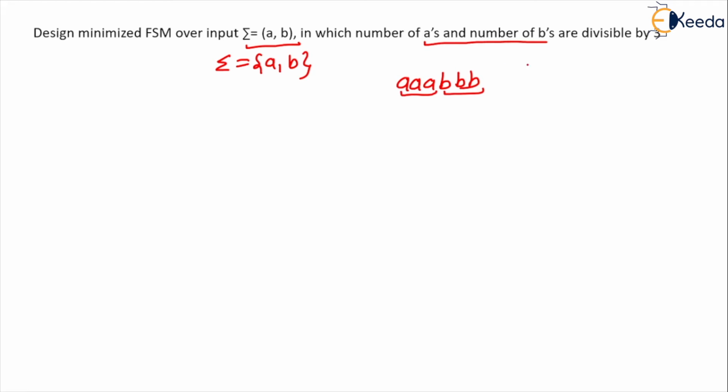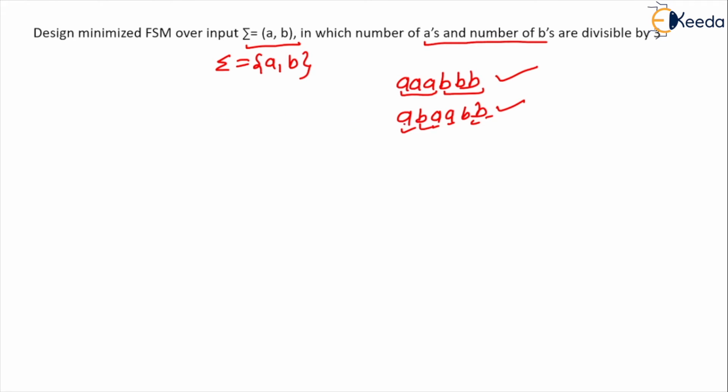That is a multiple of 3, means it is divisible by 3, so this string must be accepted. The order of A and B does not matter. Like A, B, A, double B. Again just count the total number of A's: 1, 2, 3, and the total number of B's is 3. So it is also divisible by 3, and it is also accepted.